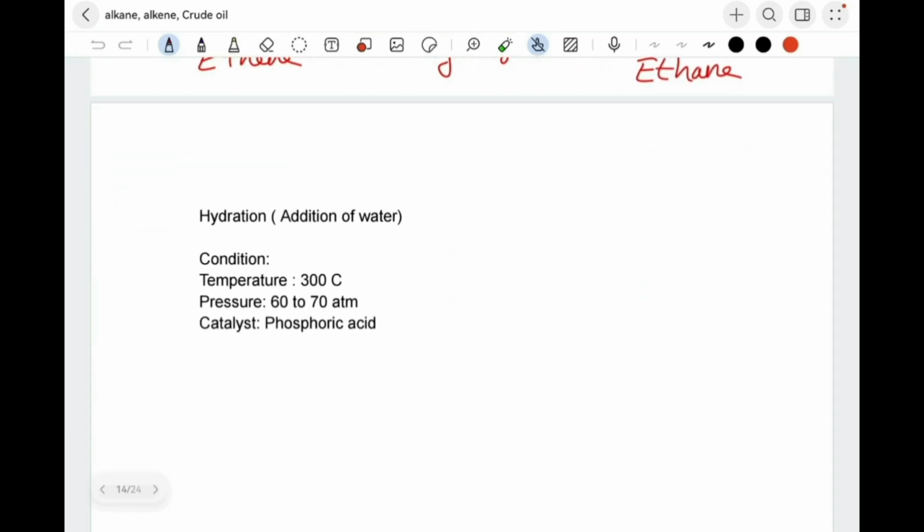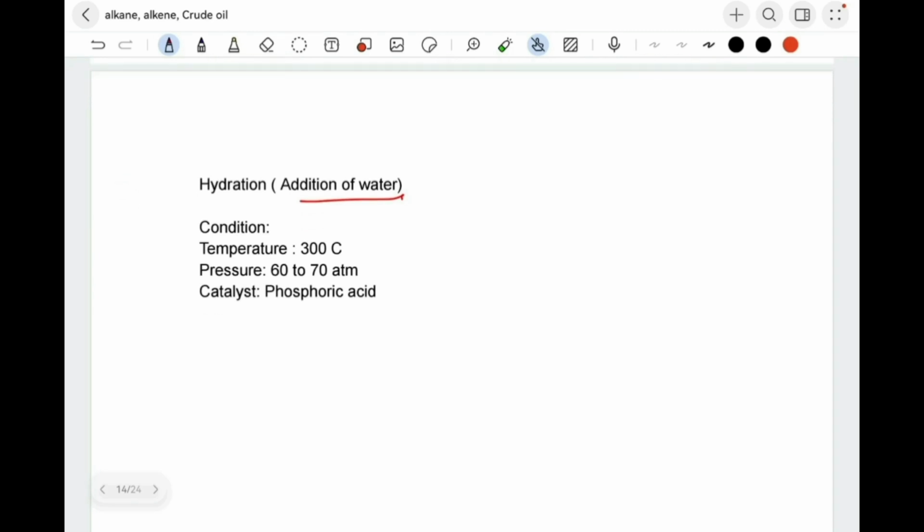Next reaction is hydration, which is addition of water to an alkene. So any alkene, when they react with water, it forms an alcohol. So what is the product formed from hydration? It forms an alcohol. And we have a condition for this reaction. Temperature should be 300 degrees Celsius and the pressure should be 60 to 70 atmosphere, and we have a catalyst, phosphoric acid. So I am taking ethene.